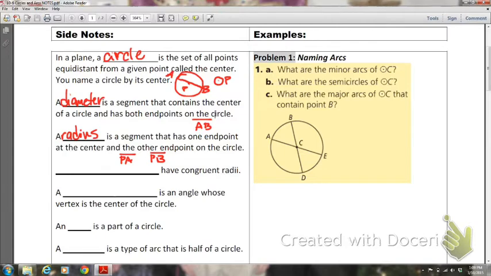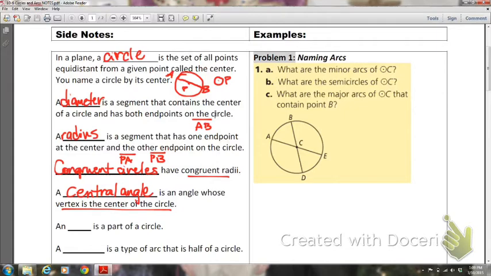The next definition we have is for congruent circles. Congruent circles have congruent radii. The next definition is a central angle. A central angle is an angle whose vertex is the center of the circle.